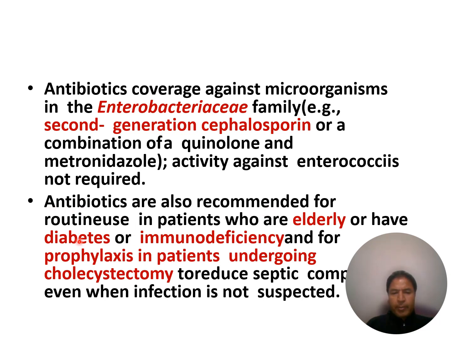Antibiotics are also recommended for routine use in patients who are elderly or have diabetes or immunodeficiency, and for prophylaxis in patients undergoing cholecystectomy to reduce septic complications, even when infection is not suspected.